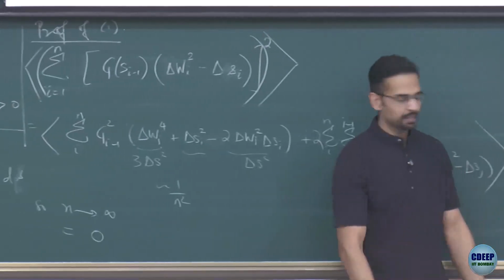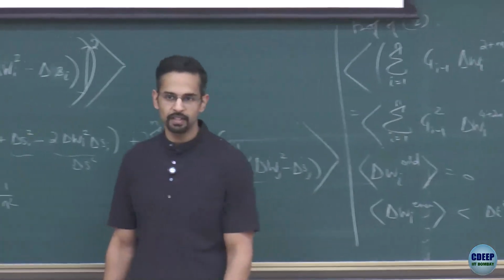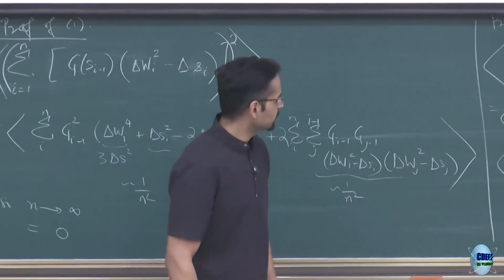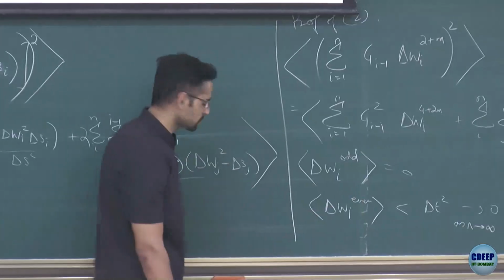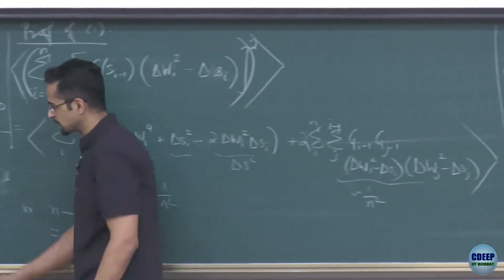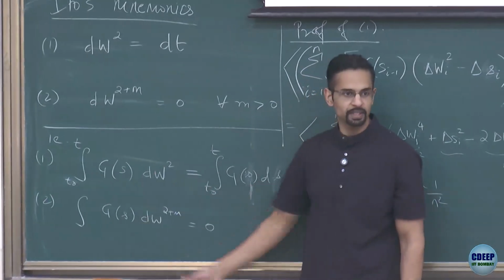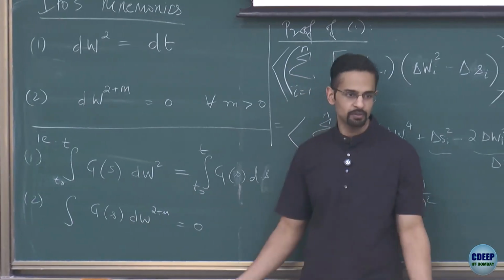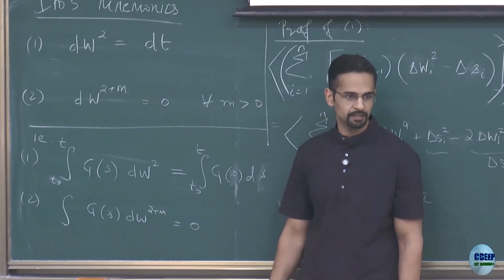Now I'm taking a higher power, so the even ones will go off, and the odd ones will anyway vanish. Therefore, I'll be able to show that this whole thing goes to 0, which proves the second rule: whenever you see dw to some power greater than 2, whether it's even or odd, you can just drop that term. That integral will vanish.